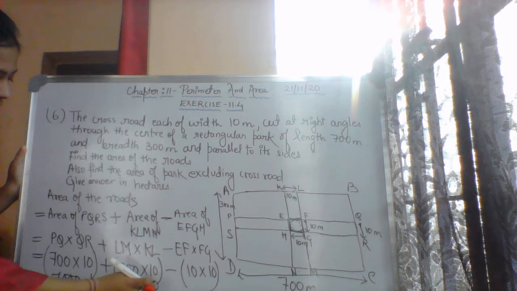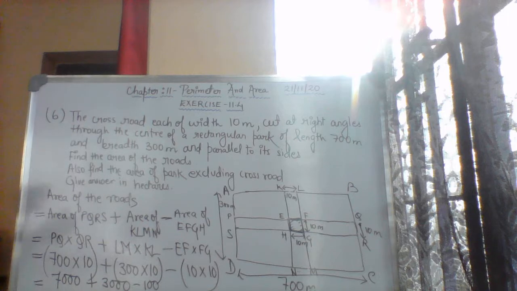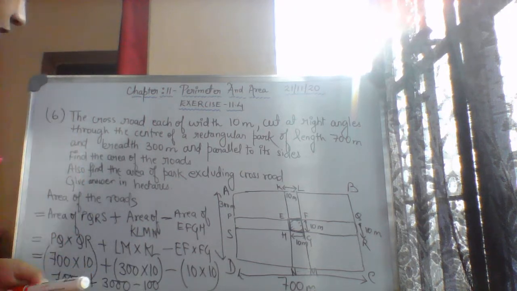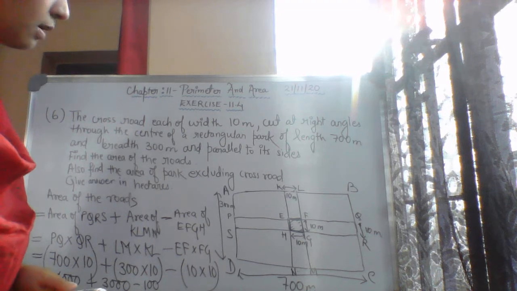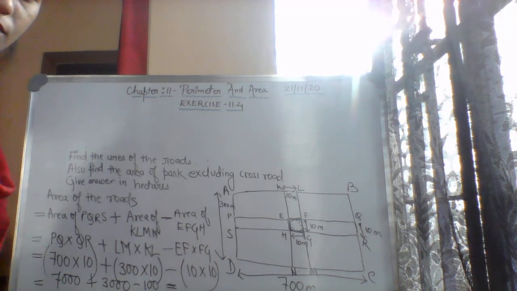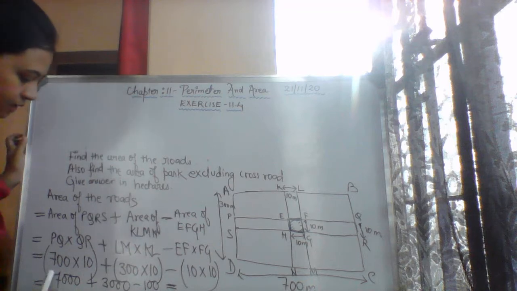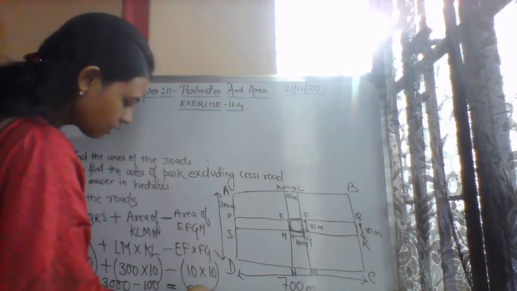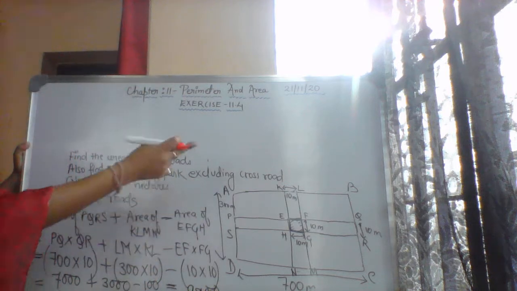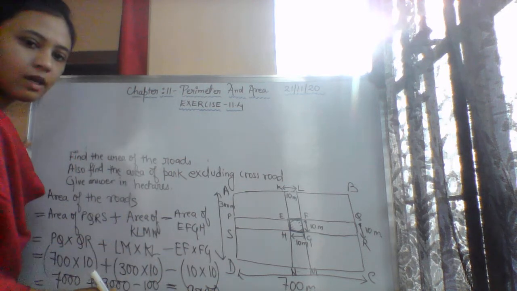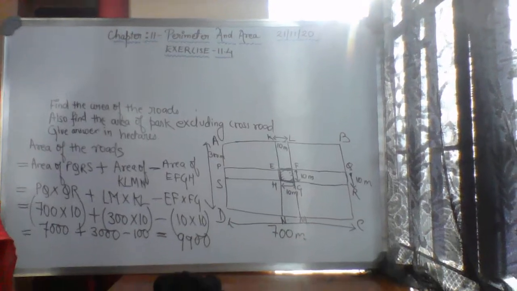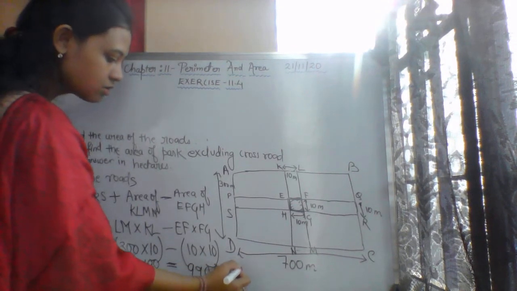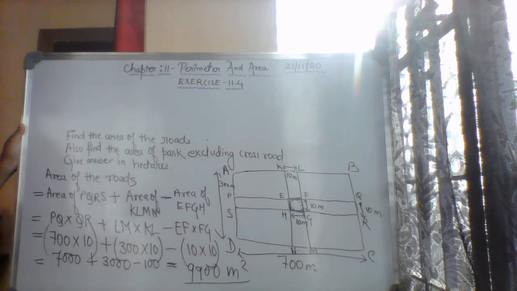You calculate: 7,000 plus 3,000 is 10,000, minus 100, that is 9,900, and all are in meters, so it will be in meter square.